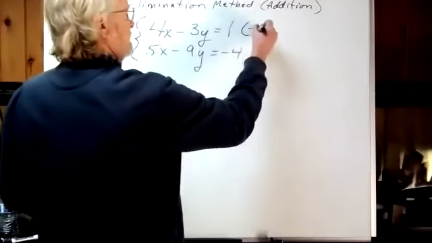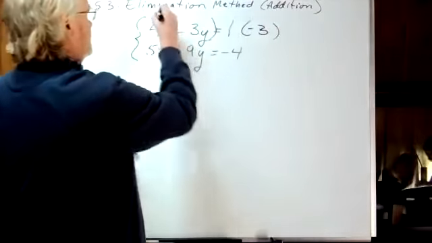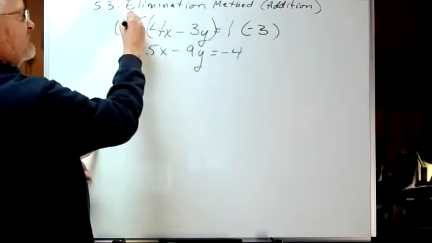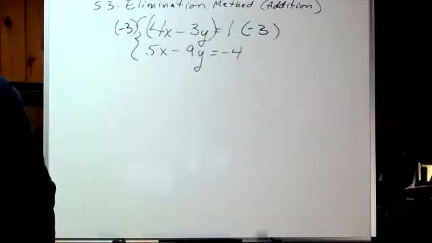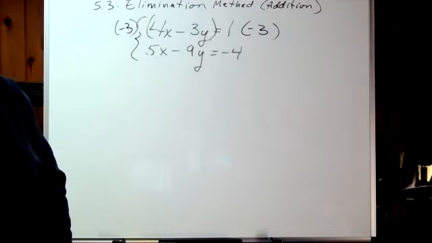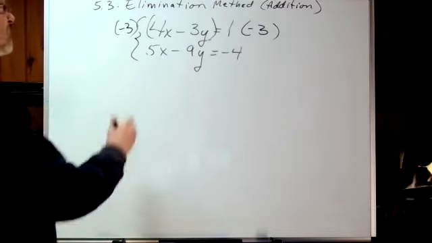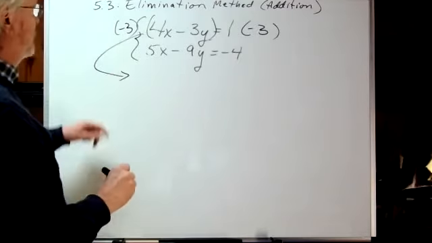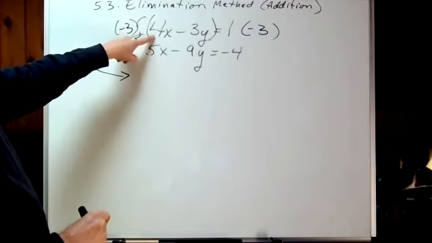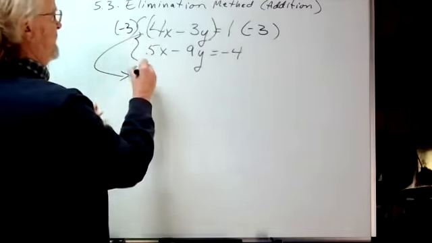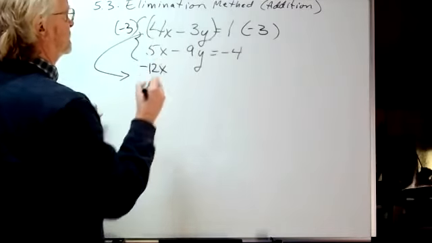I'm going to multiply the entire equation, and here, my parentheses to emphasize distributing, I'm going to multiply that entire first equation by negative 3. I'll go with my arrows again. Negative 3 times 4x gives me negative 12x.